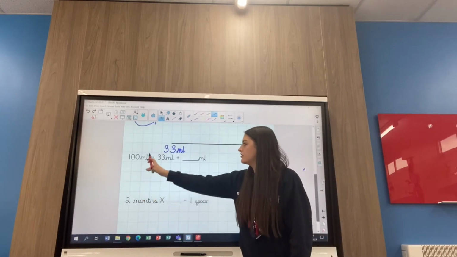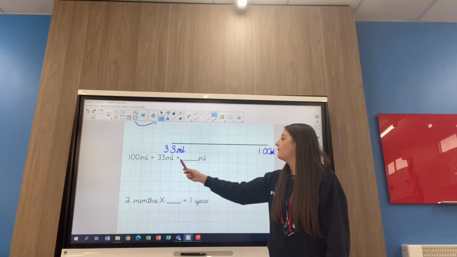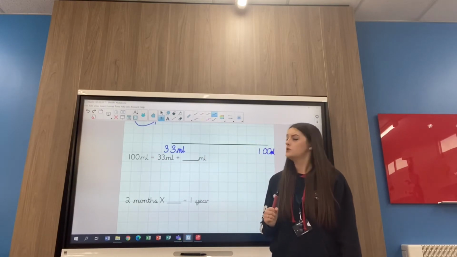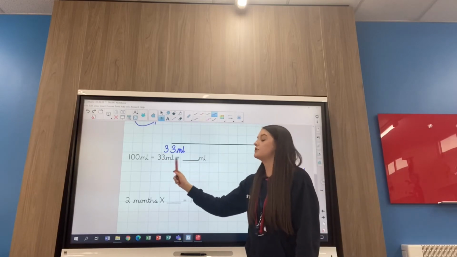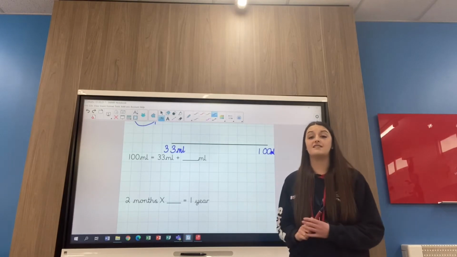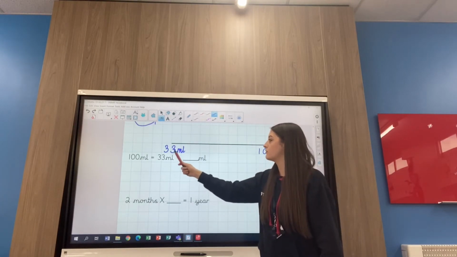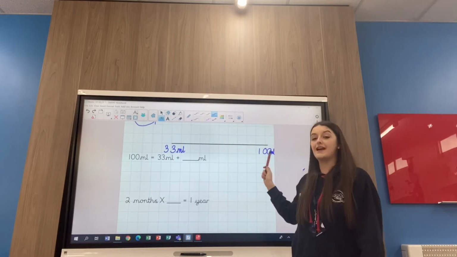Right, let's have a look at this one then. I've got 100 ml or millilitres equals 33 millilitres add something. So I need to work out what I add on to 33 to get to 100. And there's a couple of ways that you can do this. So you could use a number line starting at 33 and do some jumps to get to 100.